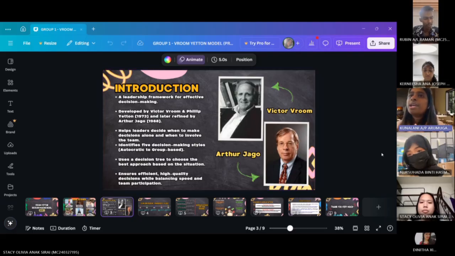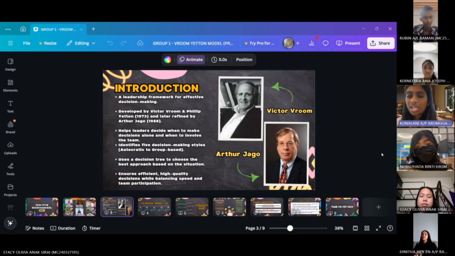Under it, we have a lot of models, which is the Vroom Yetton Jago decision model, which is what we are going to discuss. Other than that, we have the rational decision making model, Herbert Simon's model, the garbage can model, and so on. Today we are going to introduce the Vroom Yetton model.